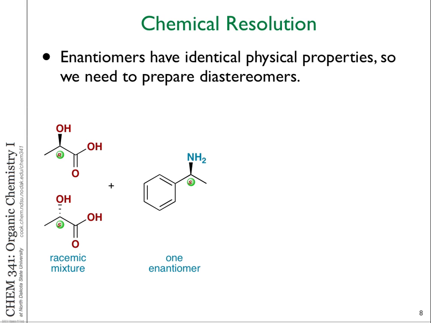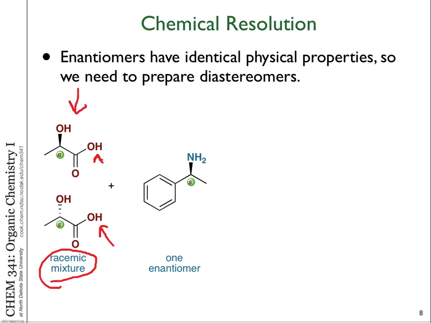Here, for example, let's say we have a mixture of these hydroxycarboxylic acids. This has a single stereocenter, and we have a 50-50 or racemic mixture. This has a carboxylic acid functional group and an alcohol functional group, and the configuration is exactly opposite, R configuration and S configuration. They have the same physical properties.